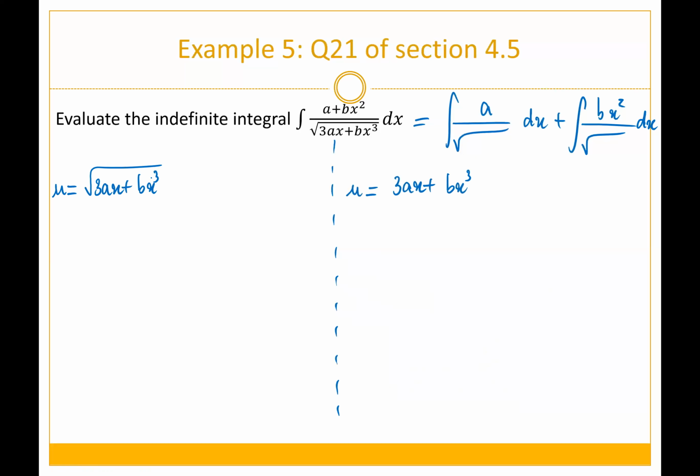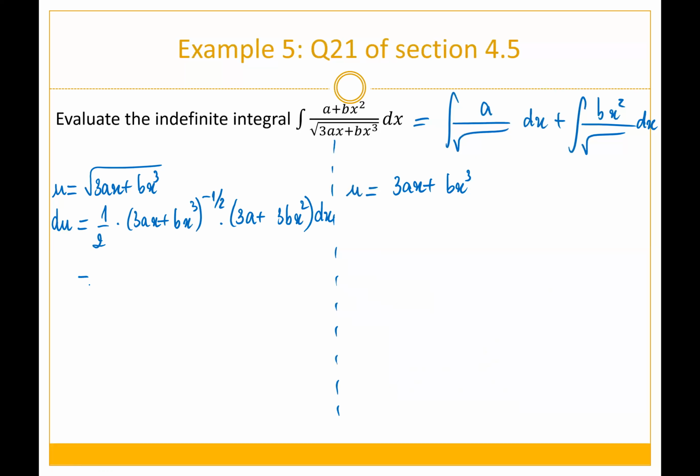but please feel free to try the second way to substitute, because there can be more than one way, and one way can be slightly shorter than another. The next step is to take du. So this is just a polynomial of x inside the square root. We're first going to take the square root out. You have 3ax plus bx cubed to the negative half, multiplied by 3a plus 3bx squared dx.